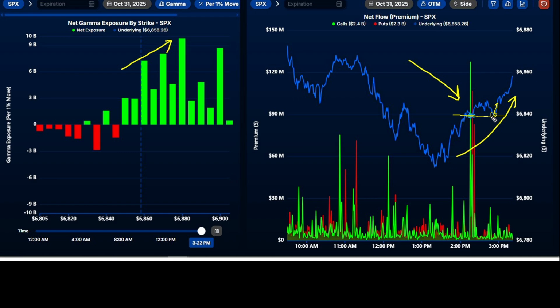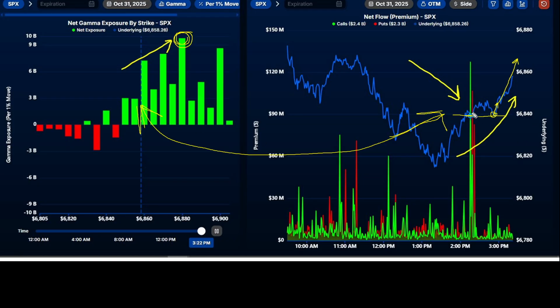For me, this is good information to take a long position and try to get out here in this bar. This is confluence, what we want to know to take a long or short position.